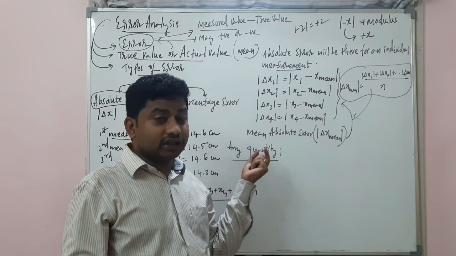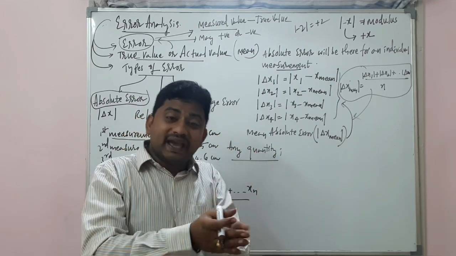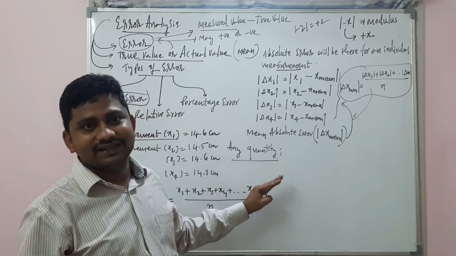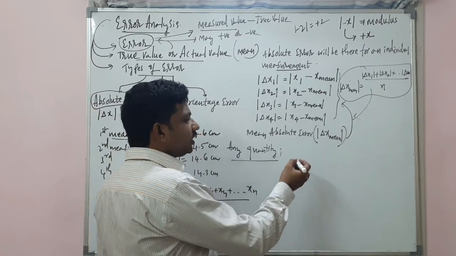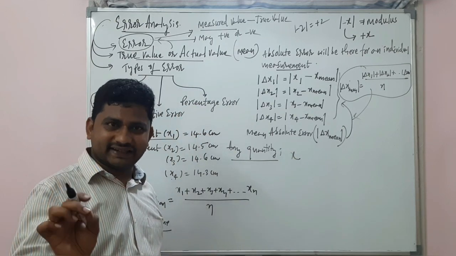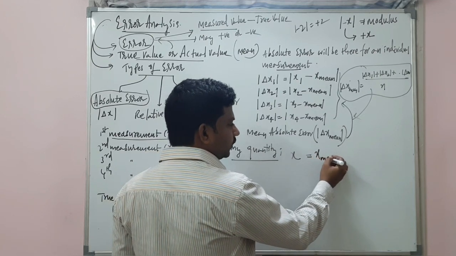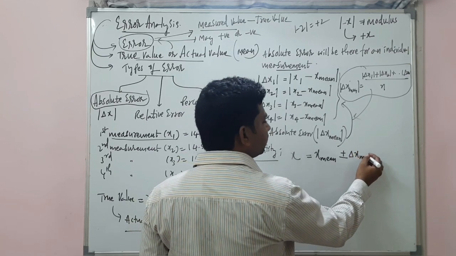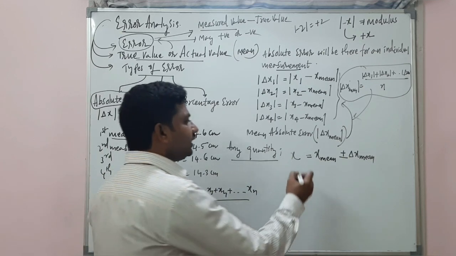Imagine the quantity is x. The final value of x is equal to x mean plus or minus delta x mean.